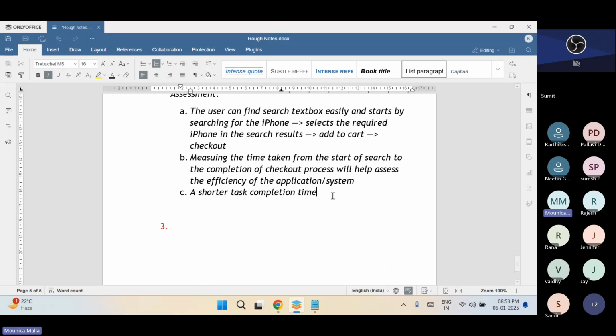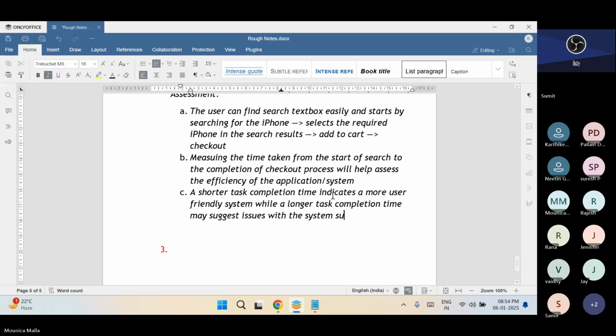A shorter task completion time indicates a more user friendly system, while a longer task completion time may suggest issues with the system, such as a non-friendly application or complex navigation or unclear information, etc.